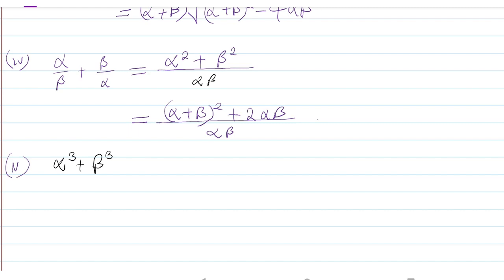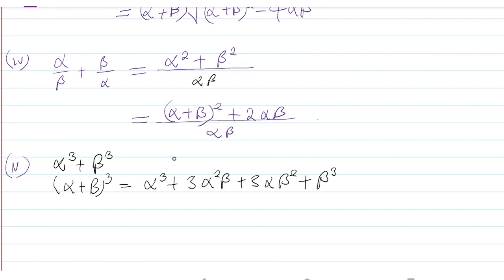Our next expression is alpha power 3 plus beta power 3. So you can see that this is something that is coming from alpha plus beta cubed, right? So let us try to expand alpha plus beta cubed. Okay, so this expands to. If you don't know how to expand this, first you can use the binomial theorem or Pascal's triangle to expand this.